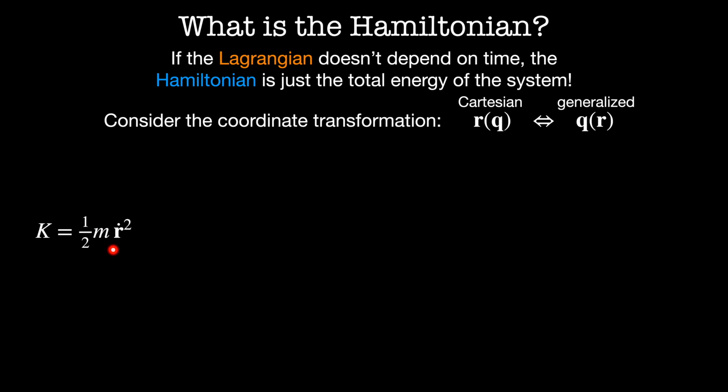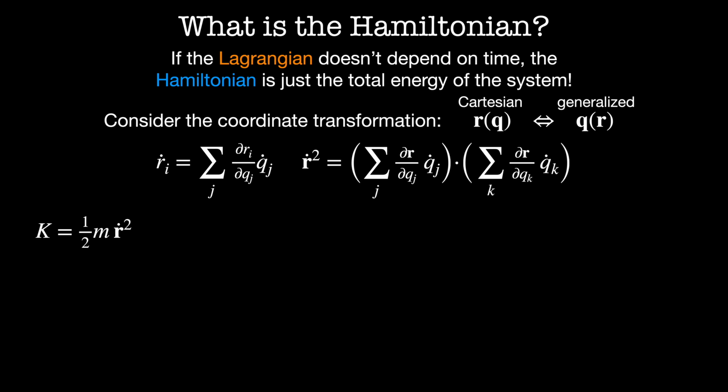Let's look at r dot in terms of the q's. ri dot is equal to the sum on j of ∂ri/∂qj times dqj/dt, which is just qj dot. Then r dot squared is equal to the sum on j of ∂r/∂qj times qj dot dotted into the sum on k of ∂r/∂qk times qk dot.